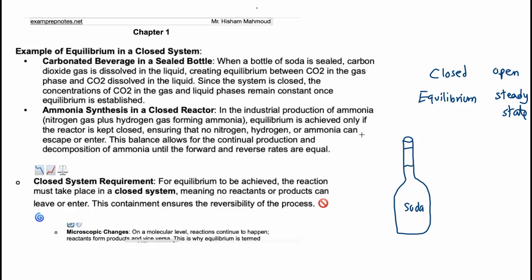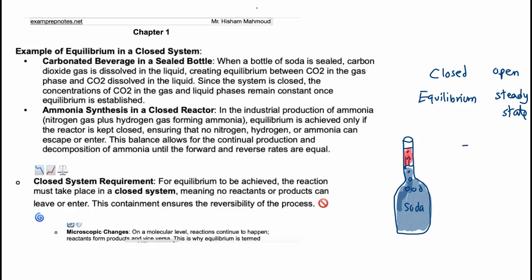Since the system is closed, some gas is evaporating from the liquid, and then some is condensing back and going to the solution again. The concentration of the carbon dioxide inside the air above the liquid and inside the liquid is constant once the equilibrium is established.